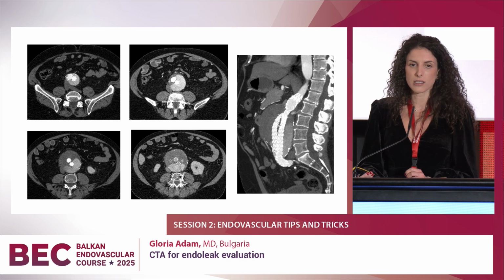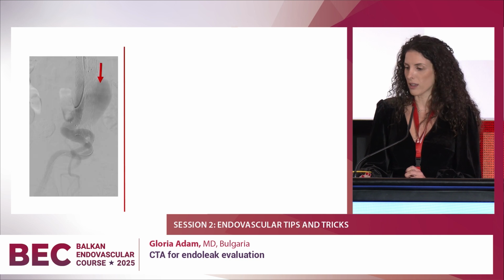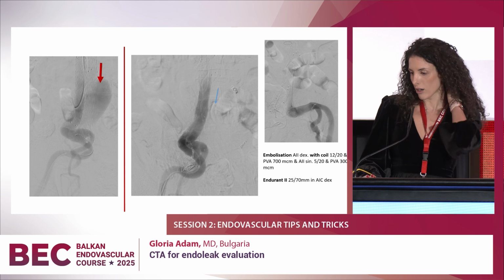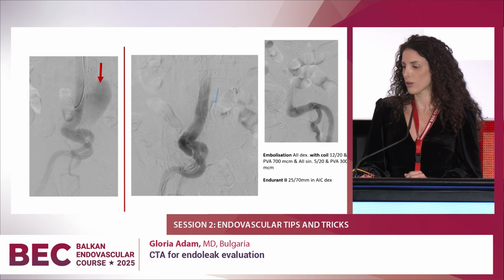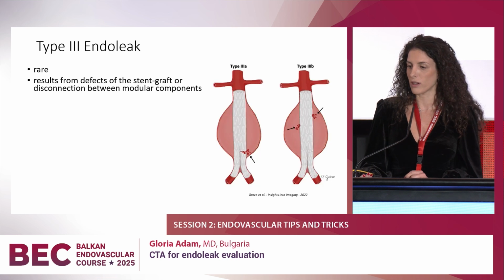So this leak is not coming from these 2 arteries, but is coming actually from the iliac artery, which is type 1 endoleak. You can see here the endoleak, and after placement of Endurant stent in the right common iliac artery and coiling of the internal iliac arteries, there is no more endoleak.